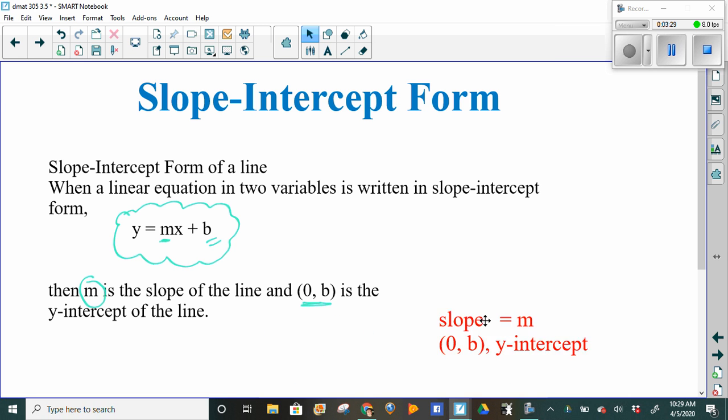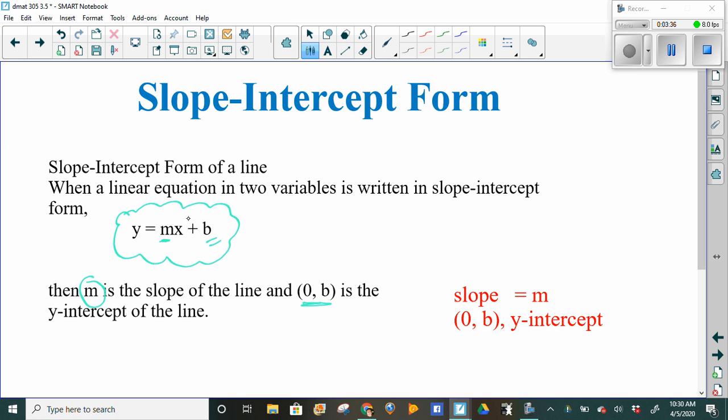Okay, so we know that the slope is m and that 0, b is the y-intercept. Make sure you're using the sign that's in front of the respective number.